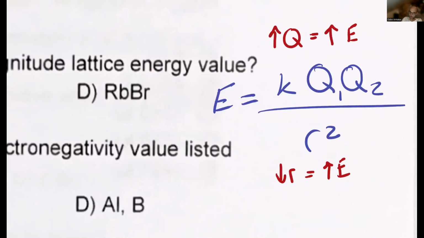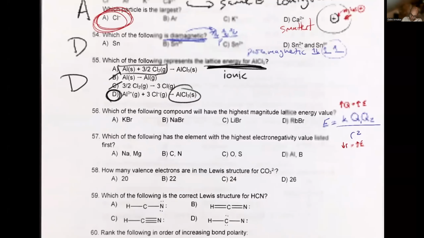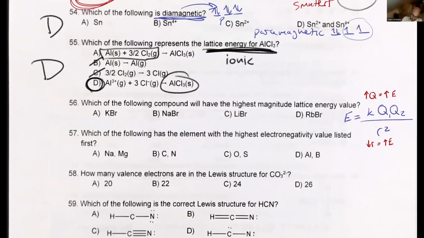Usually charge is the biggest determining factor. But charge is not going to differ here: +1, -1, +1, -1, +1, -1. All of these are +1, -1. So what it's going to come down to is radius. Which one of these has the smallest radius? They all have bromine, so this is going to be C, because bromine is the same for every single one, but lithium is the smallest out of that group.